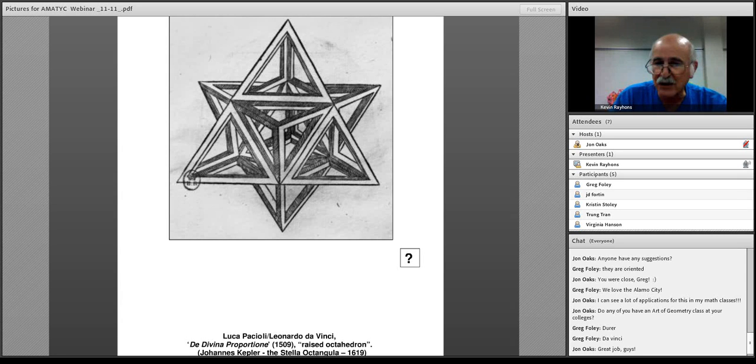The book was published in 1509, and they called it a raised octahedron, which shows that they knew that inside all those tetrahedrons there was an octahedron. But there's really no evidence that they knew, let's supersize me for a moment, that they could put another octa in there and make a building beam like this.